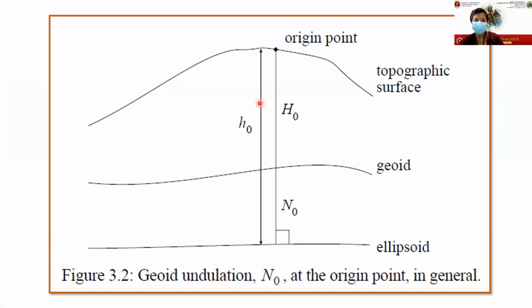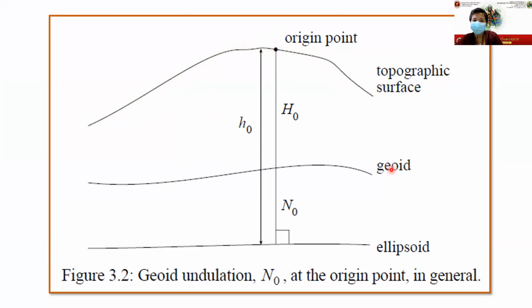So I have here an illustration. This is the actual shape of the terrain of the Earth. Or let's say, for example, we have a point A here. So this is a certain point of the Earth, the topographic, the actual shape of the ground.